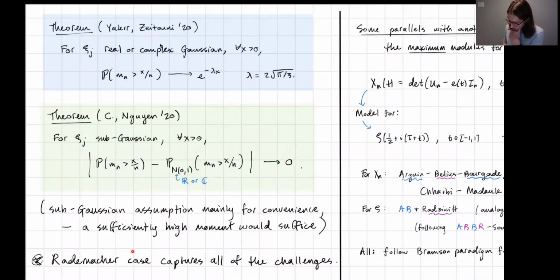For the Rademacher case, you really need our entire proof. We do the general sub-Gaussian, but the Rademacher case really captures all of the difficulties. If you had some better small ball estimates, slightly better than discrete, you wouldn't need the whole proof. But for the Rademacher case, you really need the whole proof.